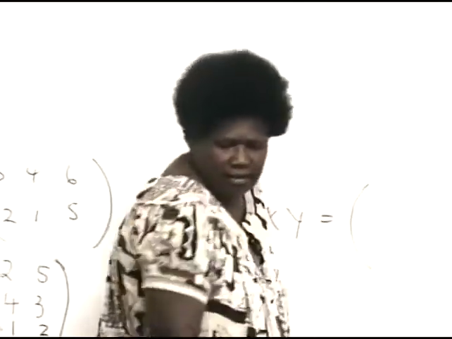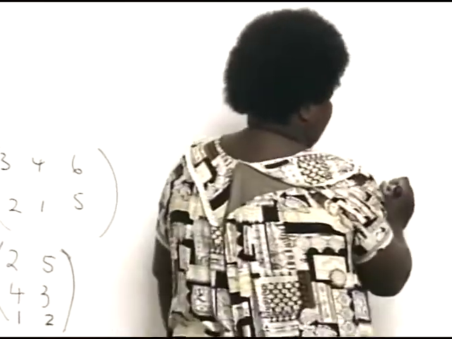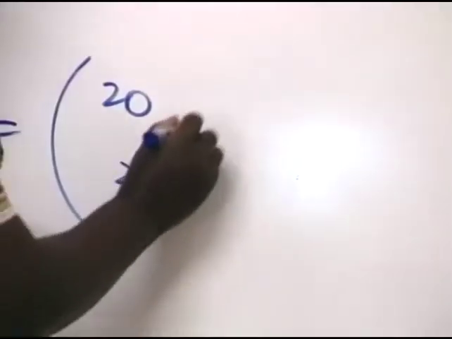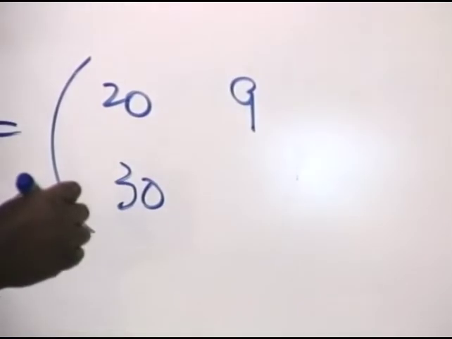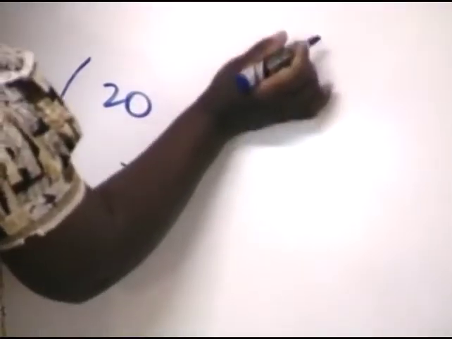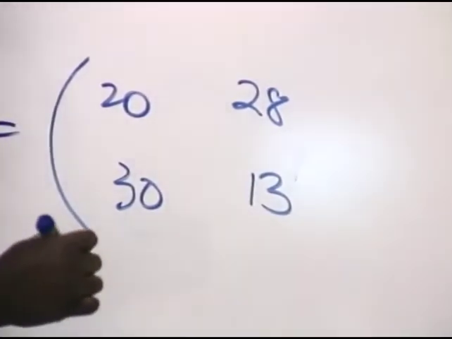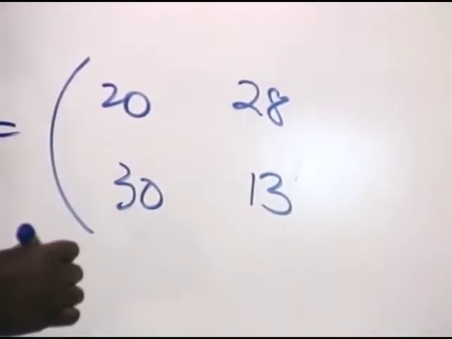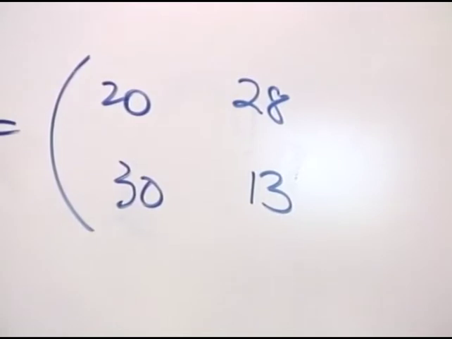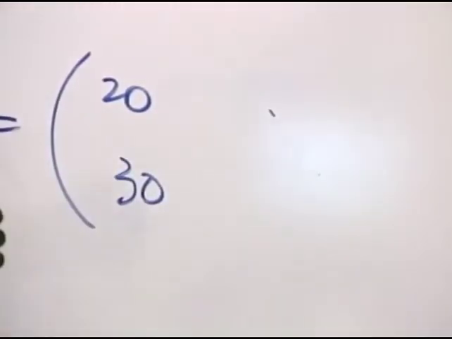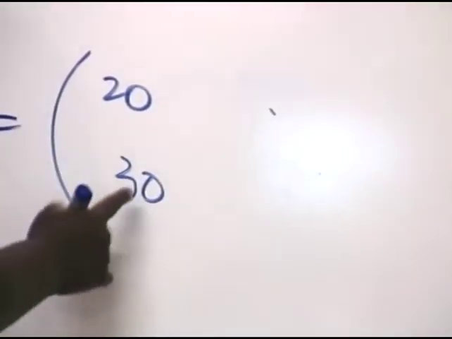Quick. 28, 13, column. 28, 13. 98 or 28? 28, 13. 20 and 30.